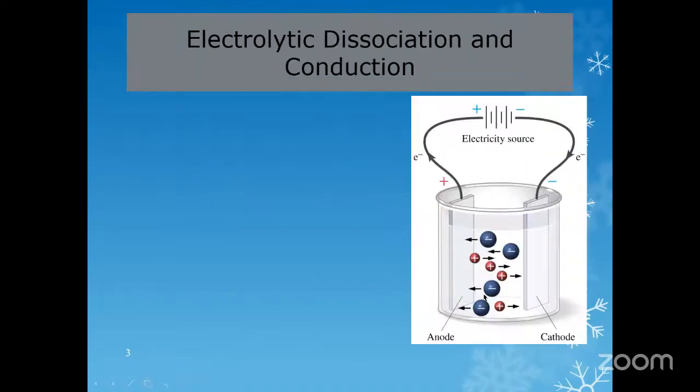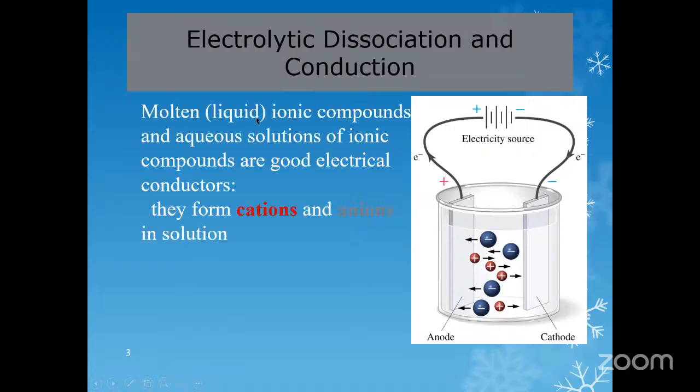Let's apply some of what we're talking about to solutions which contain ions. If you have an ionic compound that is either dissolved in water or molten, the compound will form ions. Molten is a term used for substances which require a high temperature to melt, and this is particularly true for ionic compounds.